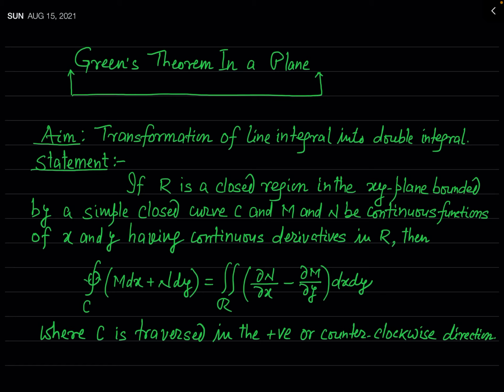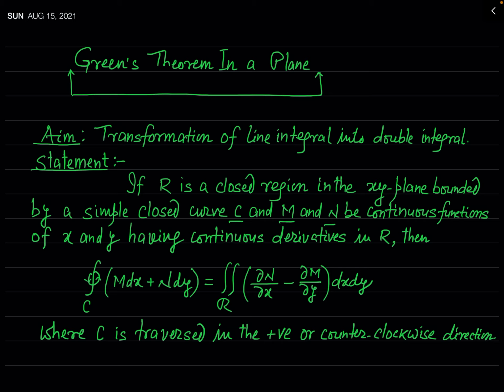As you can see, the statement of Green's theorem is like this: if R is a closed region in the xy plane, and this closed region R is bounded by a simple closed curve C. And there are two continuous functions M and N, which are functions of x and y, and these two continuous functions M and N have continuous derivatives of first order in the region R.